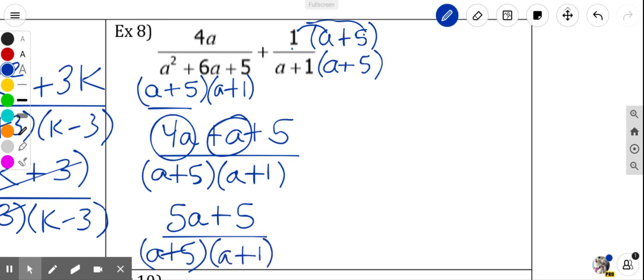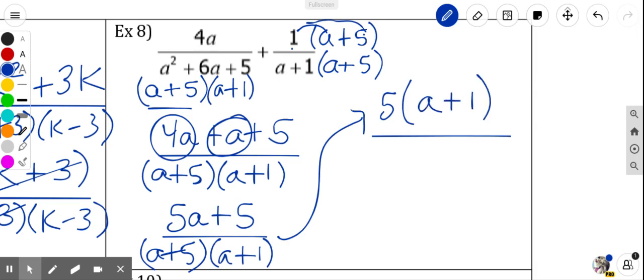Okay, so before we finish, we have to simplify. So we want to think about, can this numerator be factored? Yes, it can. We can take out a 5. So I'll finish that over here. So once you take out a 5, you should have a plus 1 inside the parentheses, because remember, you're dividing both of them by 5.